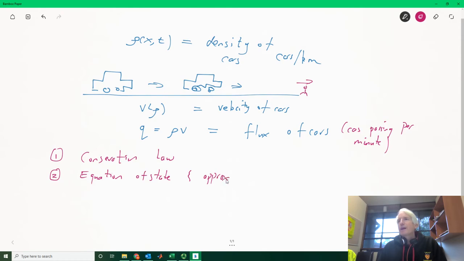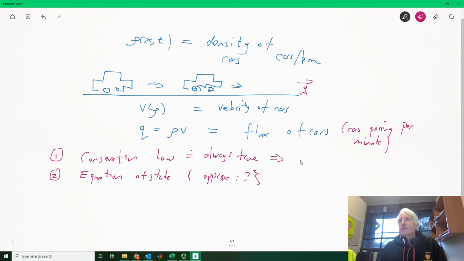It depends on the rain, it depends on the type of drivers, it depends on the country. People in Germany drive a lot faster than here, or vice versa. This is approximate; that's a modelling question. And the conservation law is always true, or more or less always true, as long as the cars don't crash.